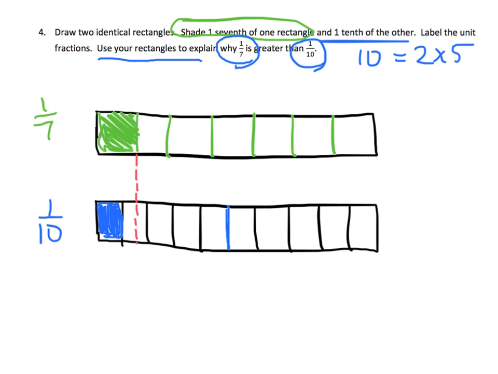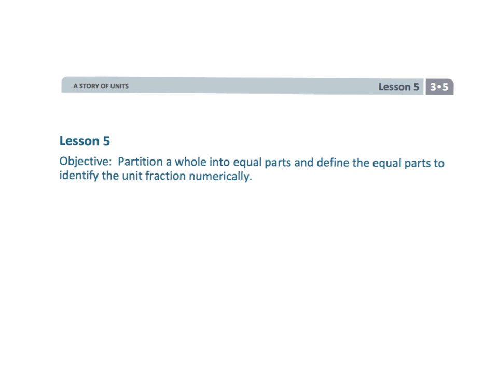Why is that the case? So teachers, parents, give your students a chance to just think about it and let them understand the relationship between the denominator and the size of the pieces that it ends up creating. And that wraps up Grade 3, Module 5, Lesson 5, talking about fractions.